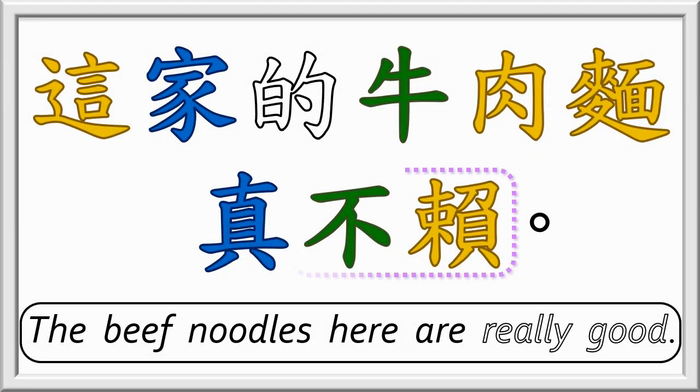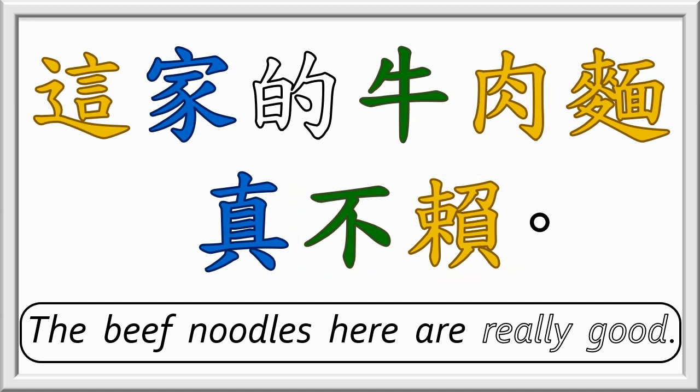As we've just seen, 赖 alone has negative connotations. By adding another negative and saying 不赖, we end up with a colloquial way to say not bad, meaning pretty good. Remember that in mathematics, 负负得正, or in English, two negatives equal a positive. 这家的牛肉面真不赖.